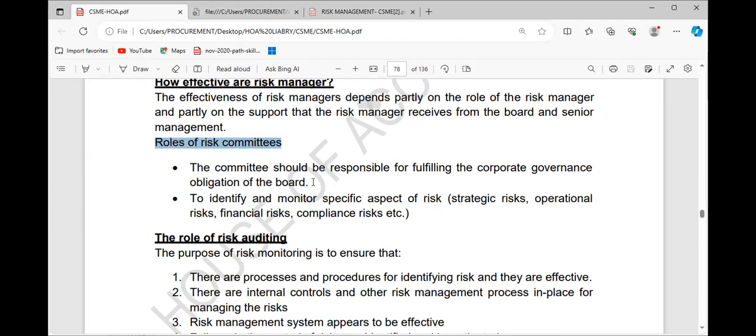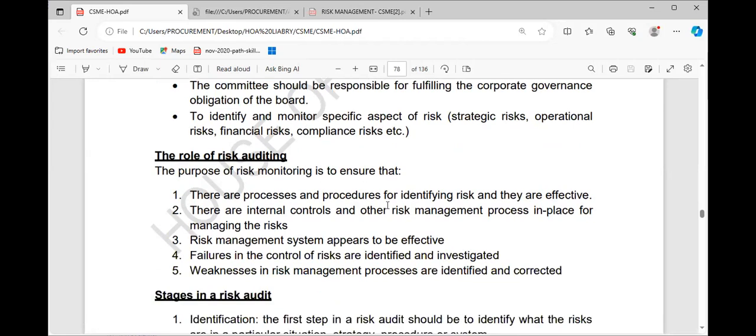The committee should be responsible for fulfilling the corporate governance obligation of the board, and then to identify and to monitor specific aspects of risk. Maybe it is operational, strategic risk, financial risk, compliance risk. I still have so many things to explain as we move on, as long as we can cover.